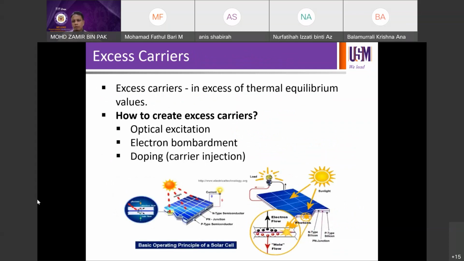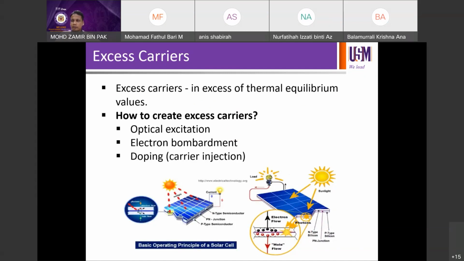We've also discussed methods that we can use in order to generate excess carriers. When we talk about excess carriers, that means we are generating new carriers on top of the carriers which already existed at thermal equilibrium condition.